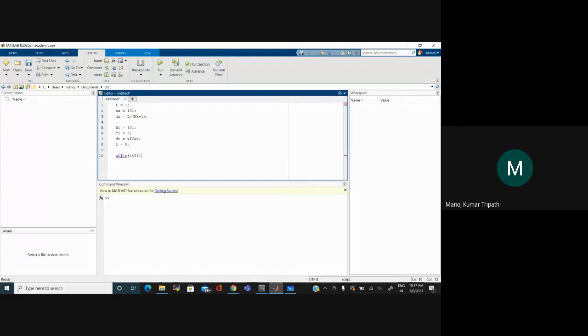It's giving some error here. It says end might be missing, so we'll add end while. Okay, and then t will become t plus dt. This is another way of writing it. Either you can write for some n going from 1 to nt, or you can write this.